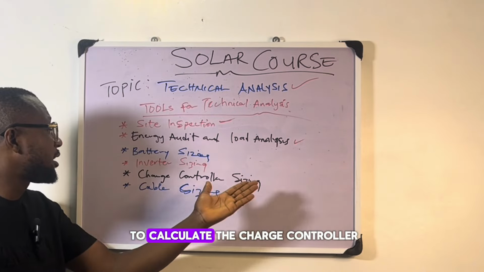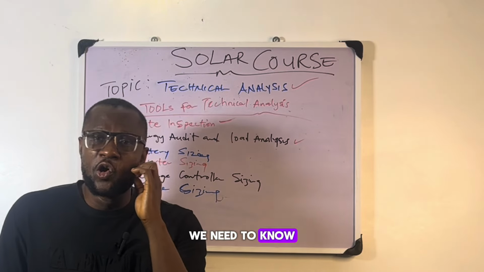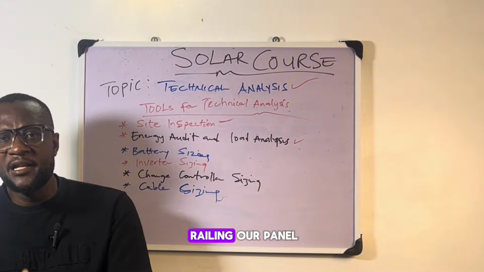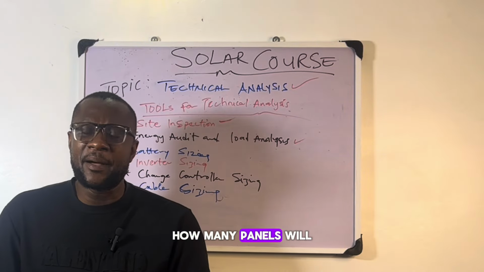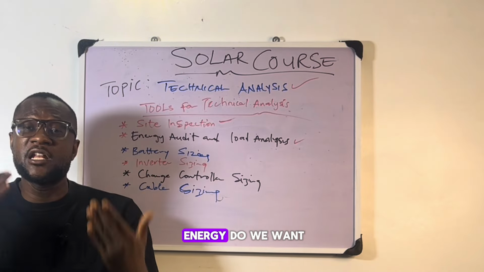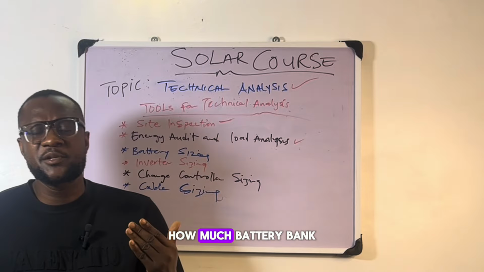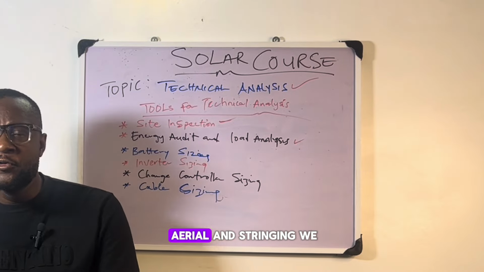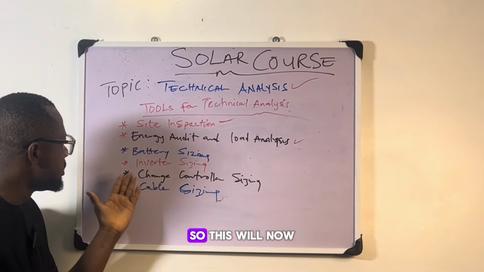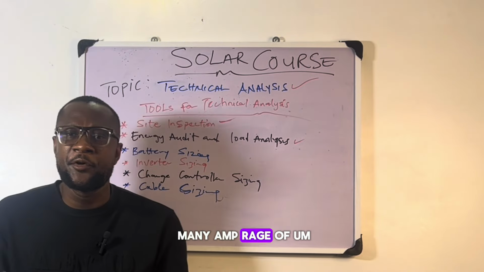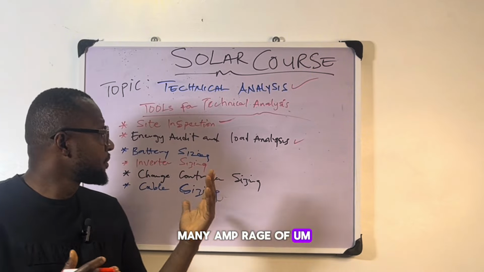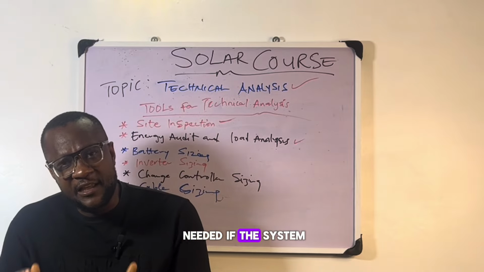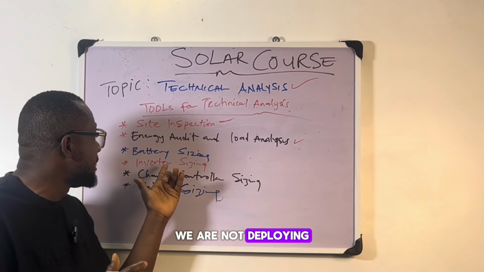So you also have to calculate the charge controller. We need to know the system of arraying our panels, how many panels will be deployed, how much energy we want to generate, how much battery bank we have, and what pattern of array and stringing we want to do. So this will help us know how many amperes of charge controller will be needed, if we are not deploying a hybrid system.